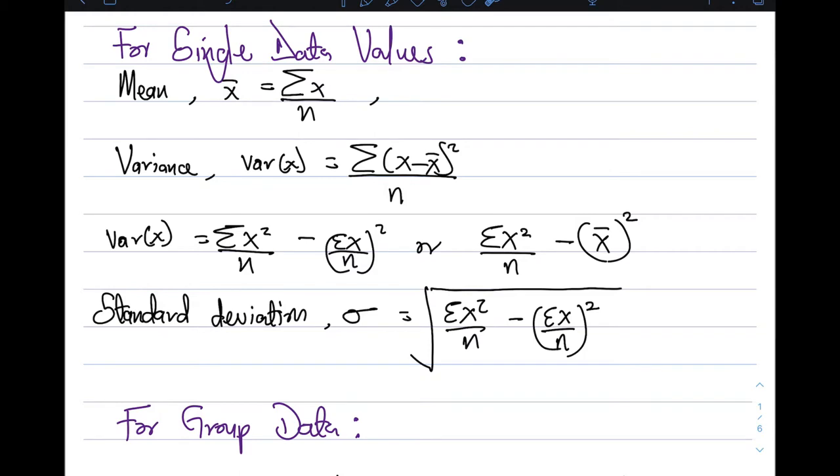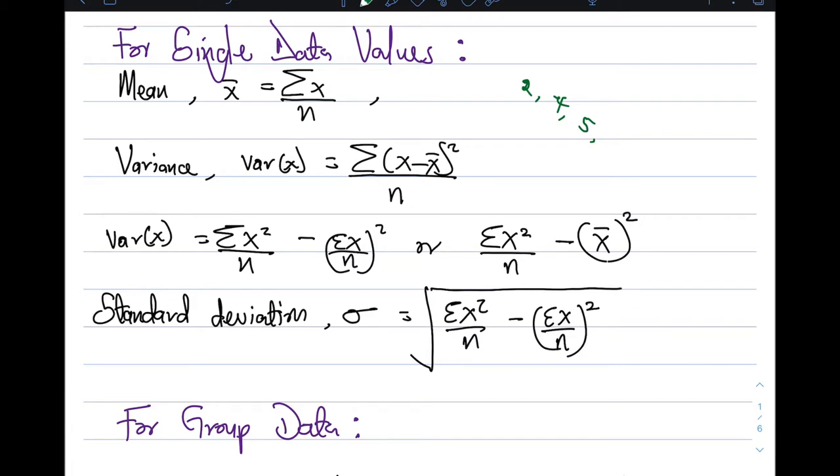For example, you can talk about the ages of students in a class, and then they will list all the ages. Maybe the first person is 2 years, the second person is 4 years, followed by maybe 5 years. So, a set of data given.